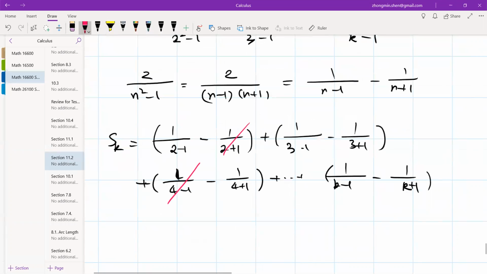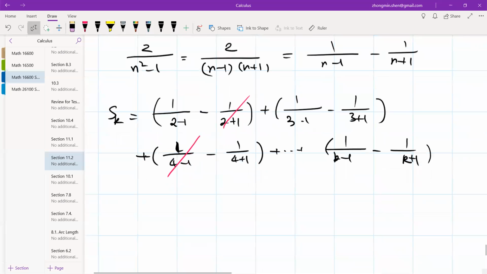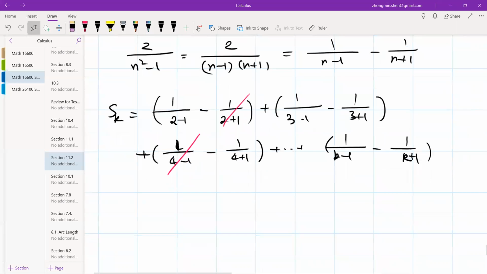The terms are not just next to each other. You have to write down more terms so you can figure out which terms will be left. Otherwise, it's harder to see which terms will be gone.